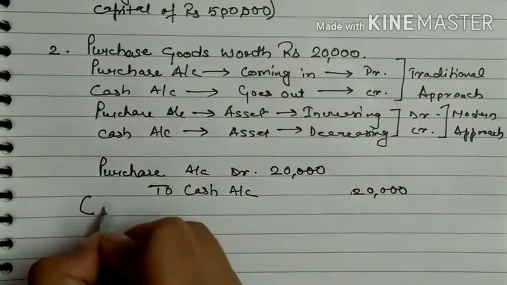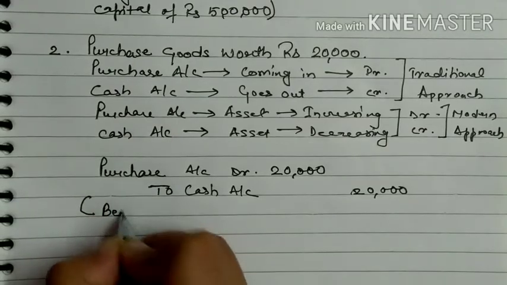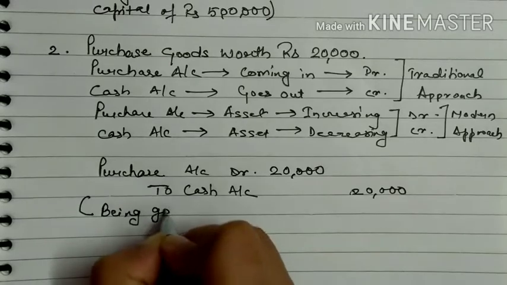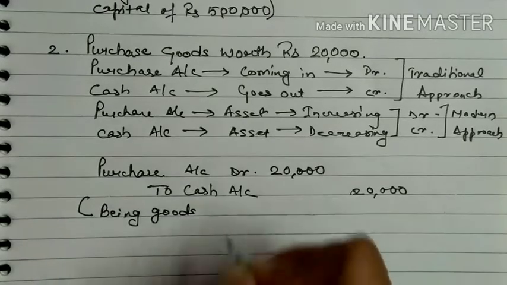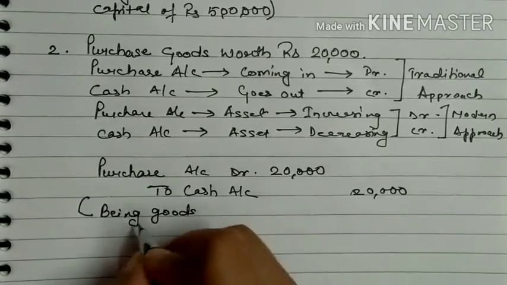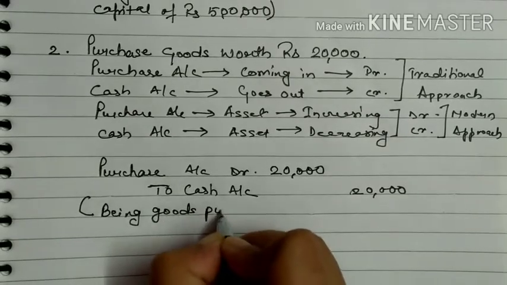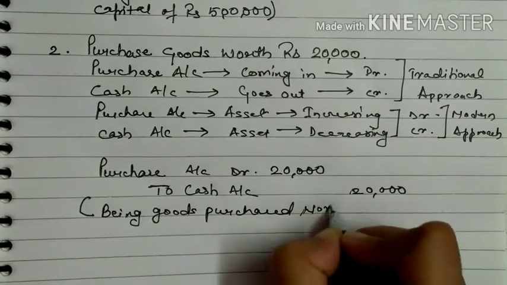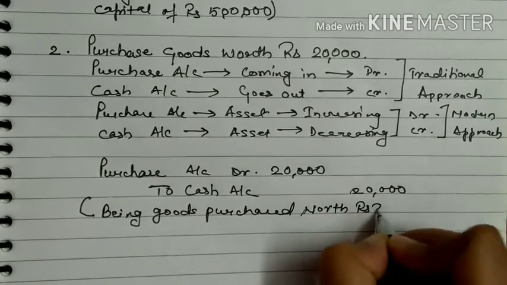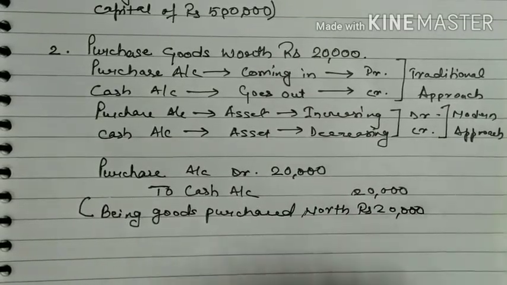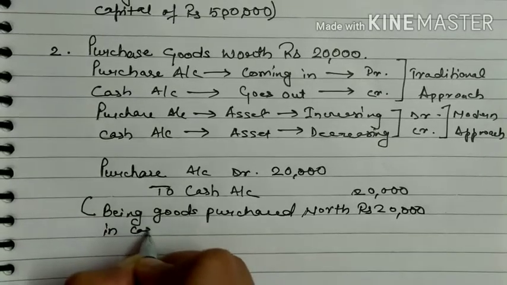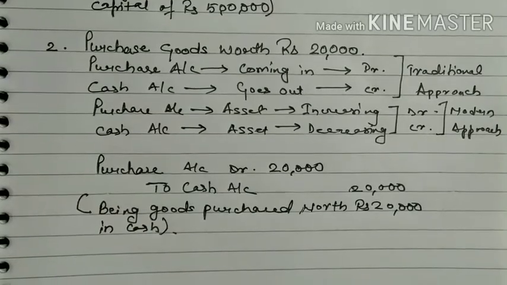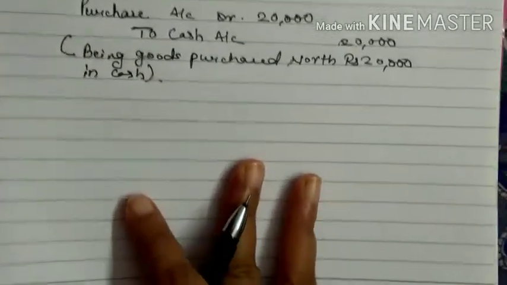And a narration, being goods purchased, or you can write stock purchased or simply purchased worth rupees 20,000 in cash, right? Now let us take another example.